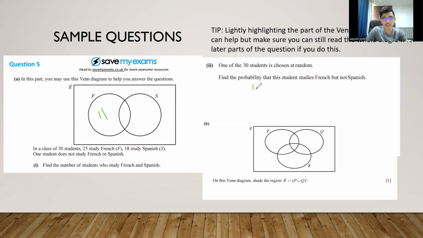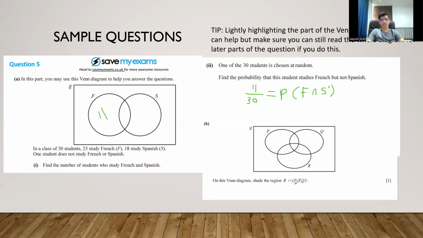So 11 of 30 is going to be your probability, which is equal to the probability of F intersecting S complement. Okay, let's take a look at the next question.